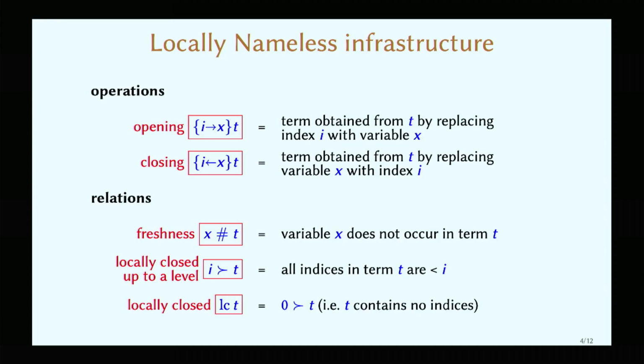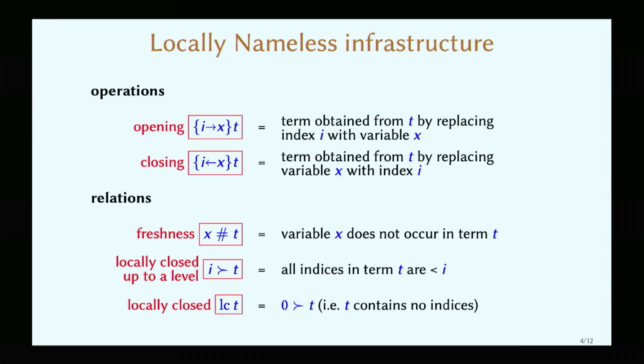And we have some relations that we also always will need to have around. One is non-occurrence of variables, or freshness, as one might say, and I'll notate it like this. This says that x is not a variable occurring in the locally nameless term t. And we also have for indices a non-occurrence form.